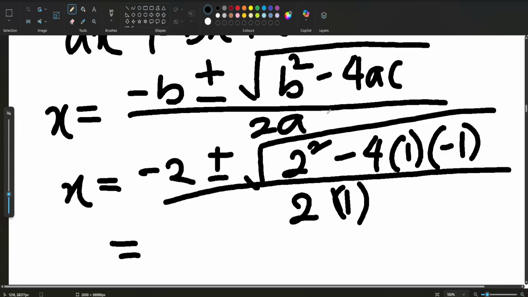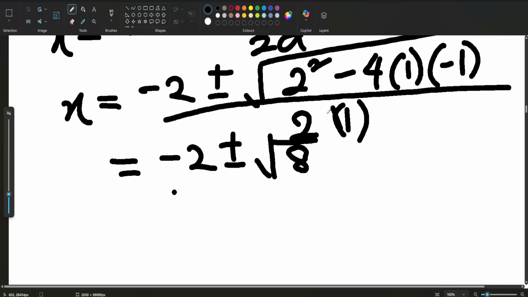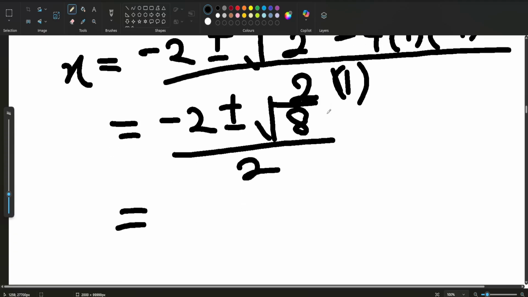Okay, so from here it becomes minus 2 plus or minus the square root of 4 plus 4, which is 8, all over 2. We can simplify this further. We know that 8 is 4 times 2, and the square root of 4 is 2. So this is going to be 2 root 2.